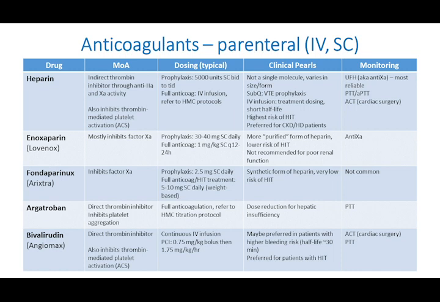For heparin, DVT prophylaxis dosing is usually sub-Q, typically 5,000 units twice a day or 3 times a day. When we're talking about full anticoagulation, it usually means an IV infusion. And at HMC, we have specific protocols for VTE and ACS.